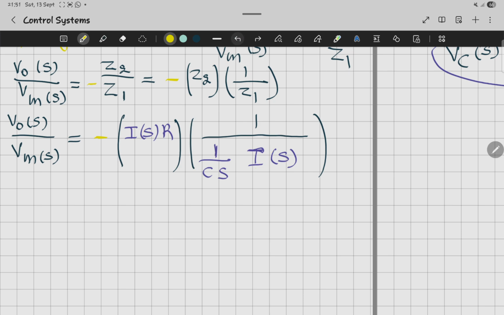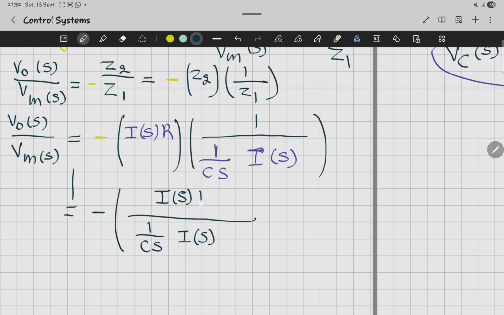Maybe let me keep it the way it is, so you can see how we're going to cancel them out. So we have our negative here, we move 1 over S, and then we're going to have S times R. Let me make it short. Then you will see that this one will cancel out with this one.